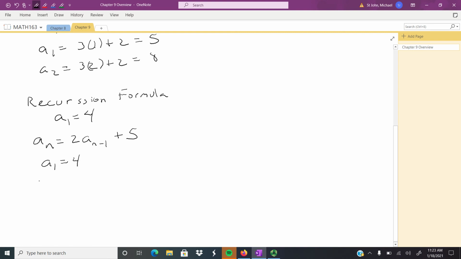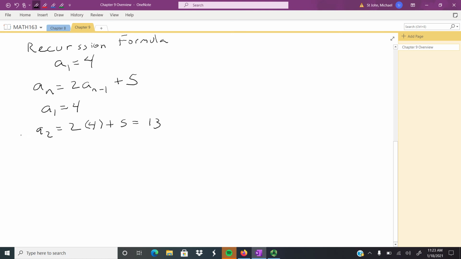So that would mean that a sub 2 is going to be 2 times the first term plus 5, and that'll give me 13. And so then the third term is going to be 2 times the second term plus 5, and that will give me 31.